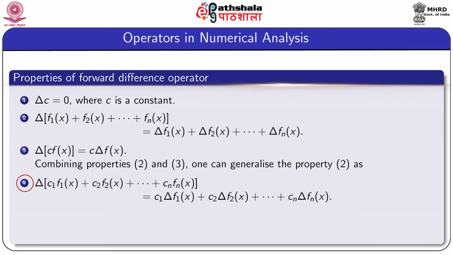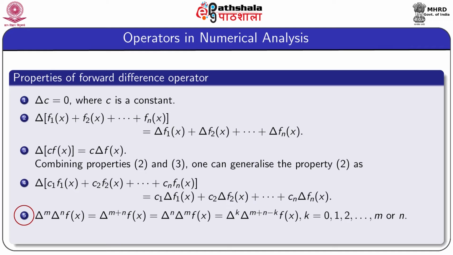And the fourth condition is delta of c_1 f_1 x plus c_2 f_2 x plus dot dot dot plus c_n f_n x equal to c_1 delta f_1 x plus c_2 delta f_2 x plus dot dot dot plus c_n delta f_n x. This is similar to a linear operator, that means we can say that the forward difference operator is a linear operator.